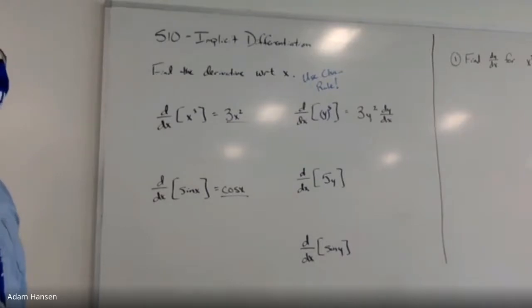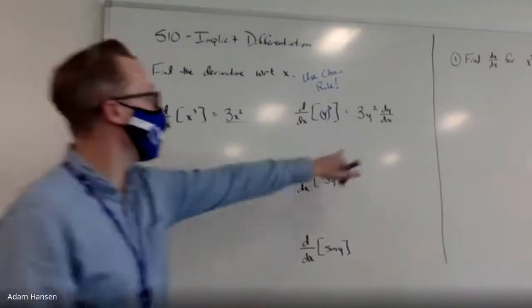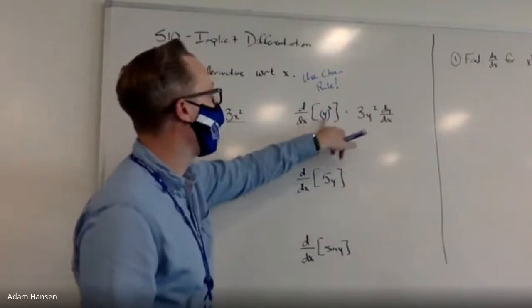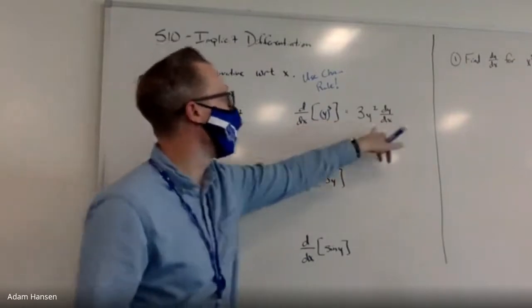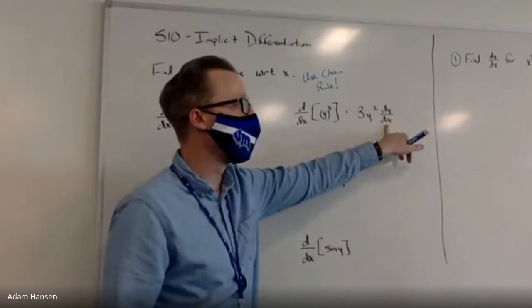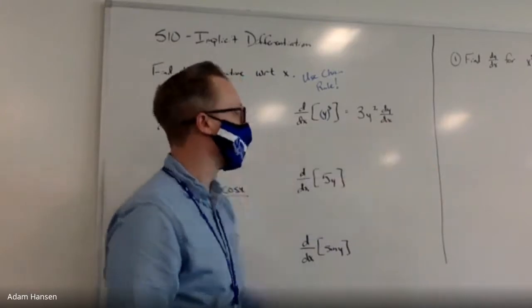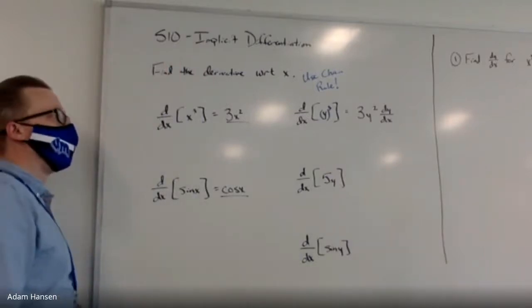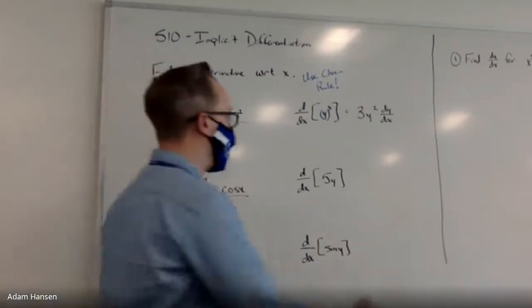Since the variables don't match up, this is as best as I can do. What's the derivative of y with respect to x? What's the derivative of y in terms of x? That's just dy dx. Does that make sense? Let's try 5y. What would the derivative of 5y be? 5.